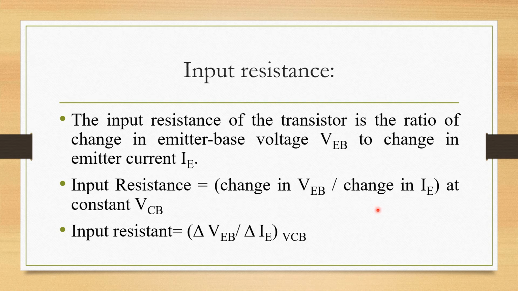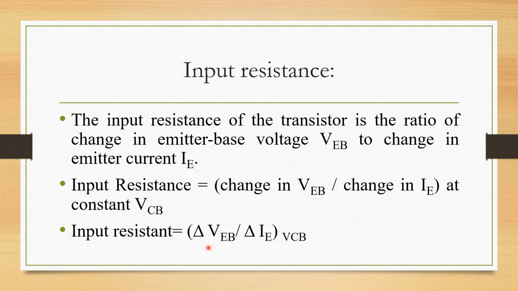Let us see the input resistance. The input resistance of the transistor is nothing but the ratio of change in emitter base voltage to change in emitter current. So we can write input resistance is equal to change in VEB upon change in IE at constant VCB.